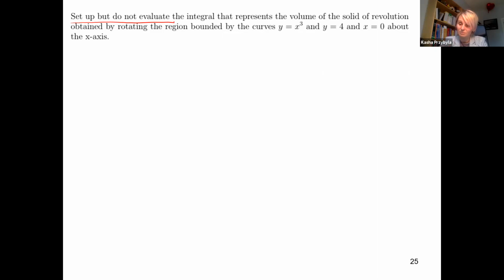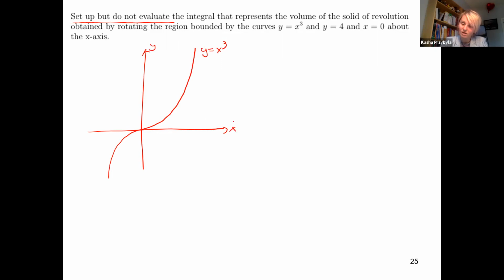That means, what do we have? Let's draw this situation. We do have x cubed. Y equals 4 will be that line. Oh, we need that point. Let's say 8.